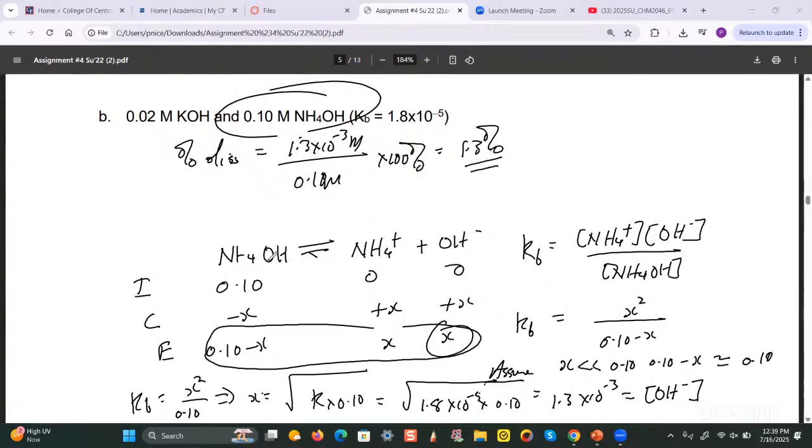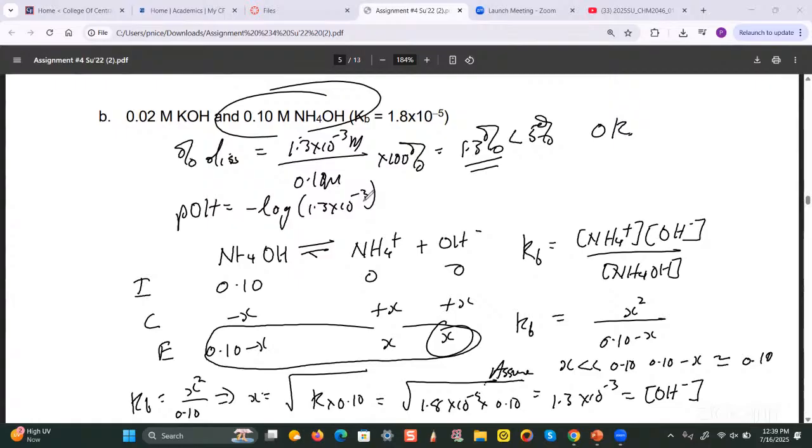And then what? Less than 5, so that means that the approximation is okay. Then what? Then plug it into the pOH. So pOH is equal to minus log of 1.3 times 10 to the minus 3. Let's see what that gives.